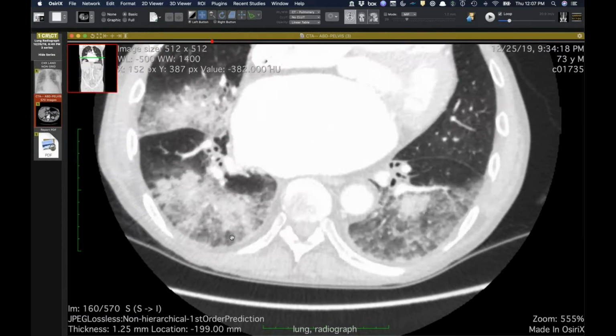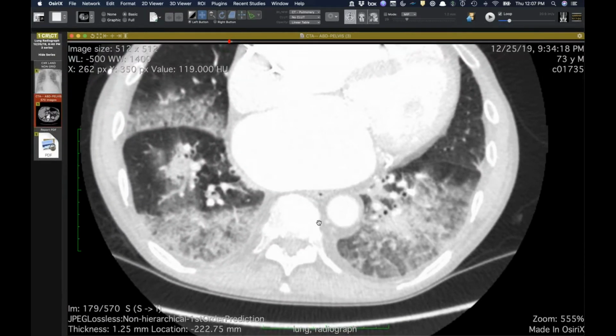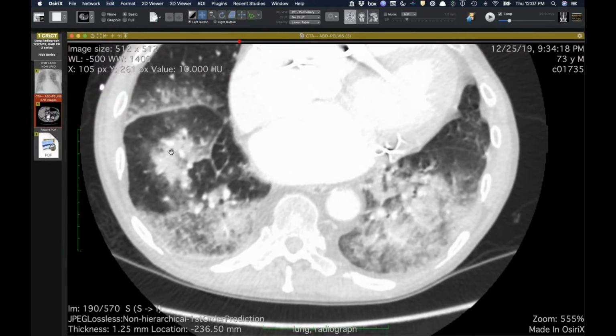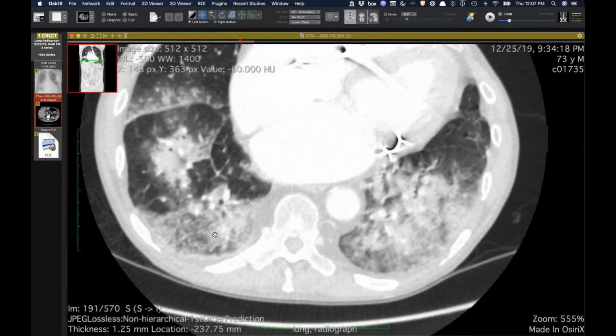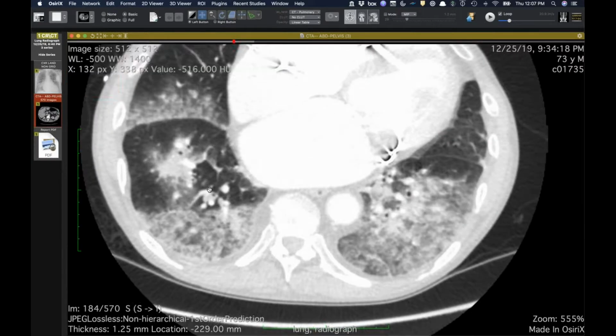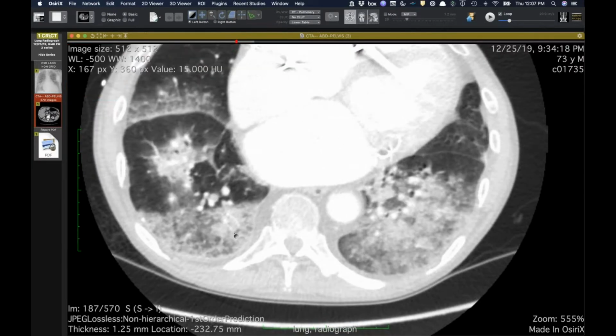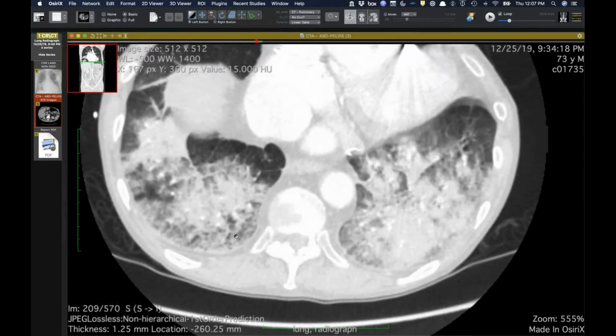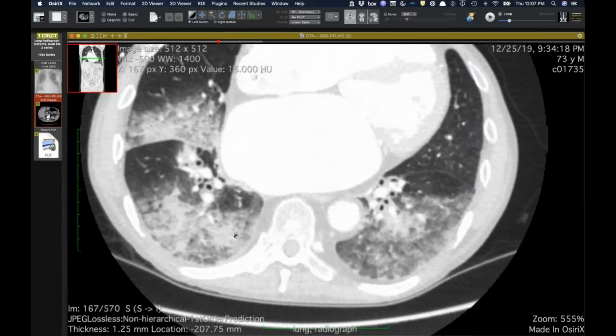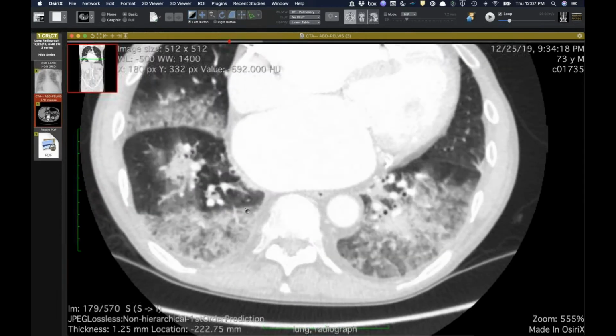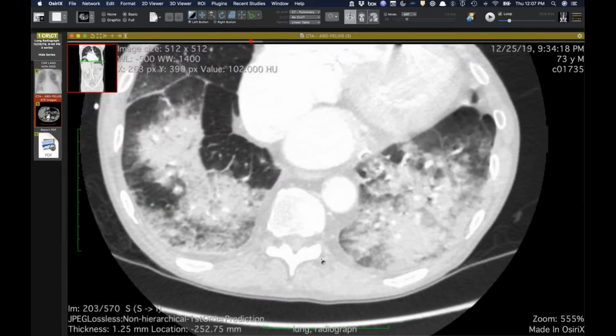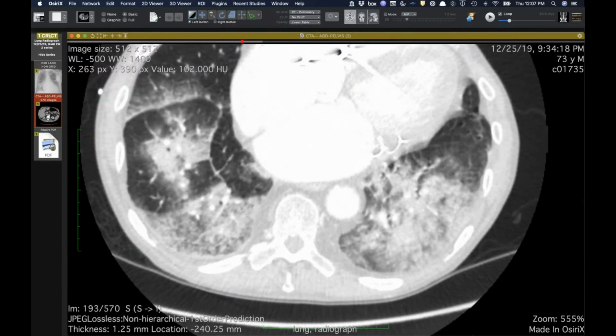Now, some of these areas are a little bit more confluent, and this guy certainly has some component of volume overload. Some of these airways were a little thick, so there's a question of whether he's got some secretions here, whether he's aspirating or not clearing his secretions as well. But you would agree that some of this, at least in part, looks like edema, and it has a similar appearance, even if it's not re-expansion edema.